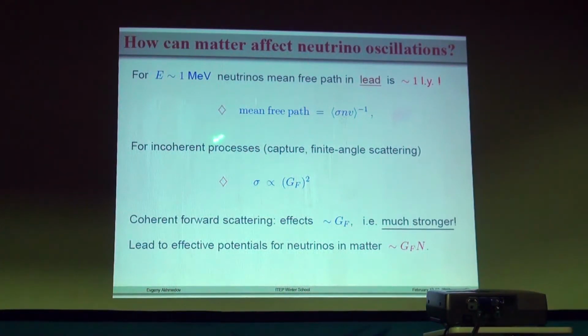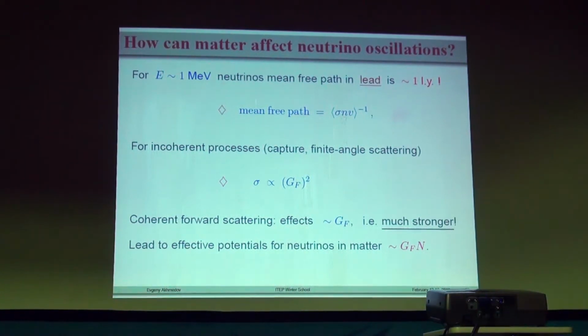When we calculate the mean free path, it's given by this formula where the cross-section of neutrino interaction with matter is proportional to the square of the Fermi constant, which characterizes the weak interactions at low energies. And we know that it's a very small quantity. In the case of neutrino oscillations in matter, what is important is neutrino forward scattering on the particles of the matter.